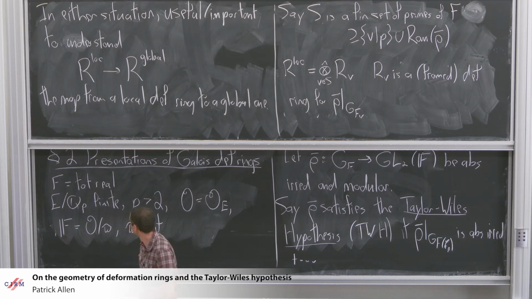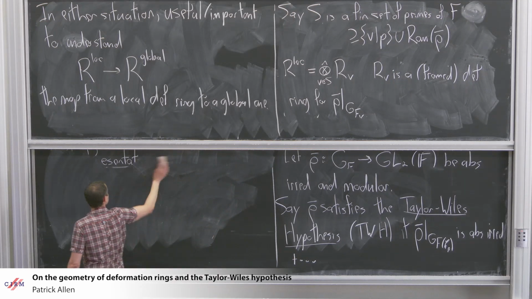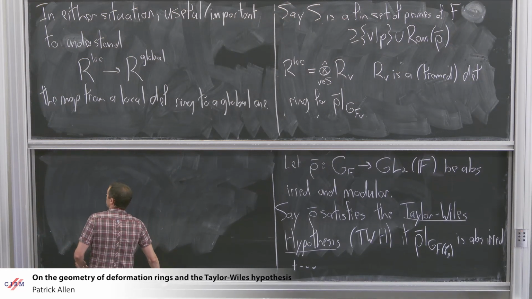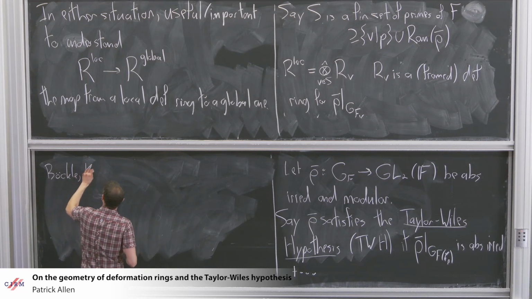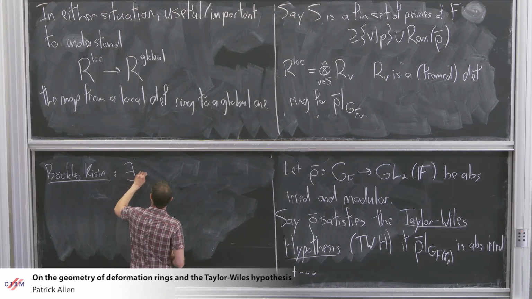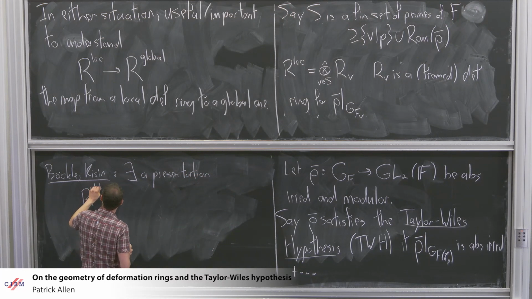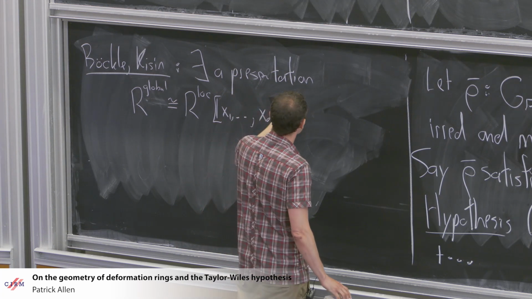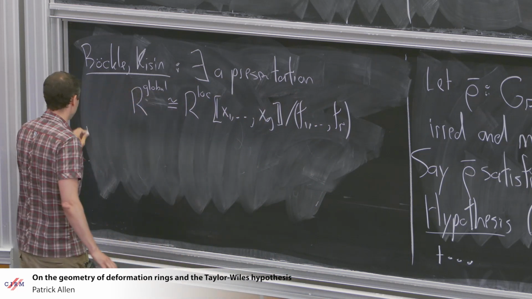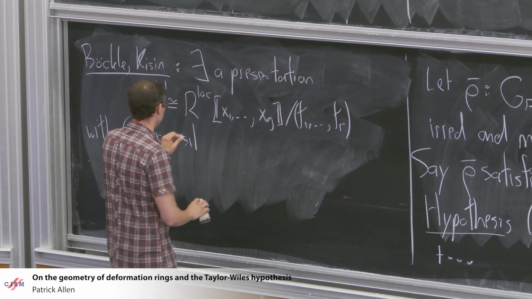So basically, essentially, Böckle and Kisin tell you that there exists a presentation, in the situation as I've described it, of R global isomorphic to R local, x1 up to xg, modulo relations f1 up to fr, in favorable situations.